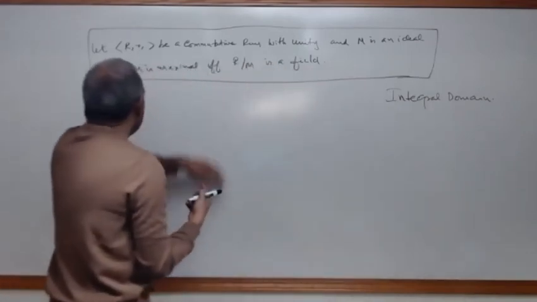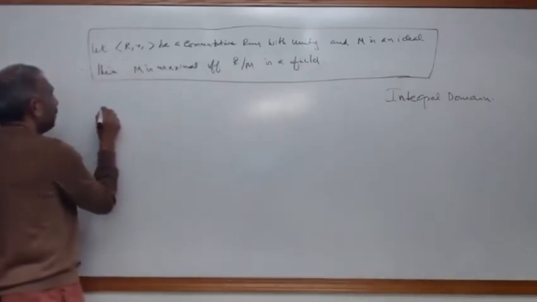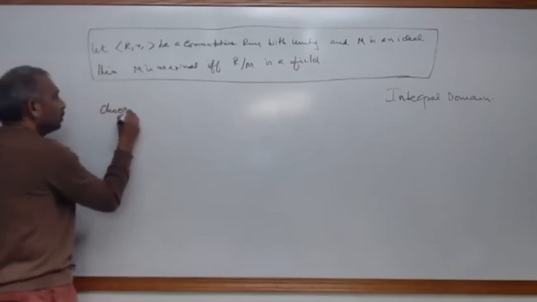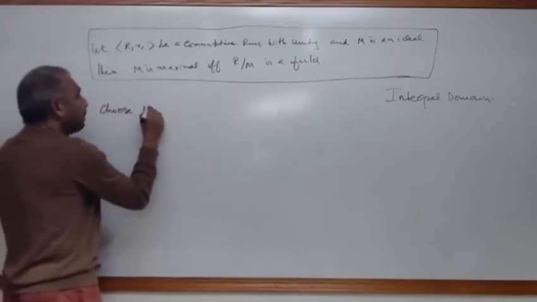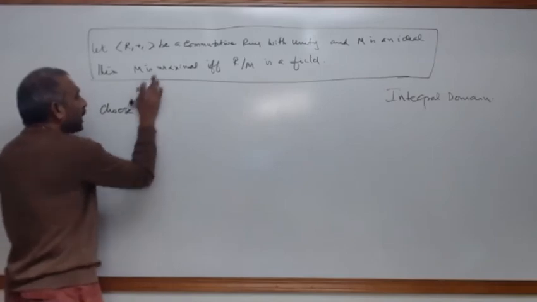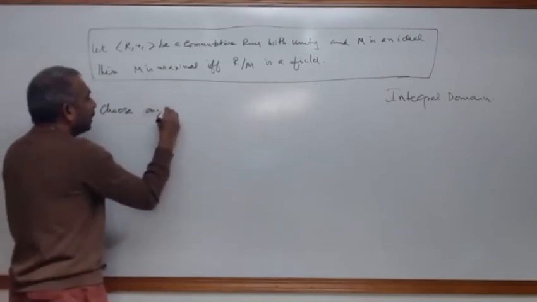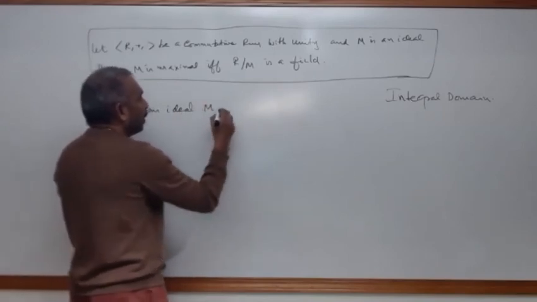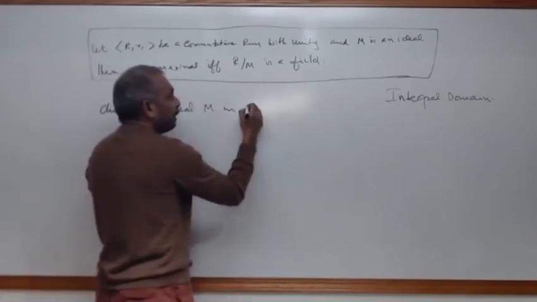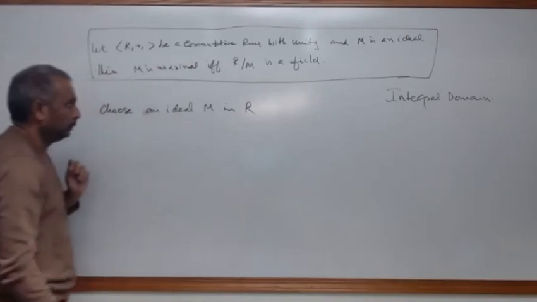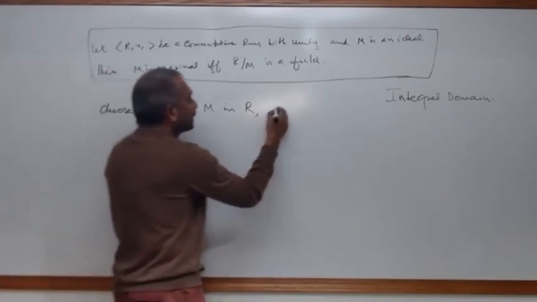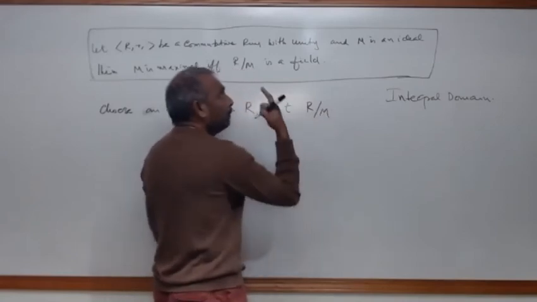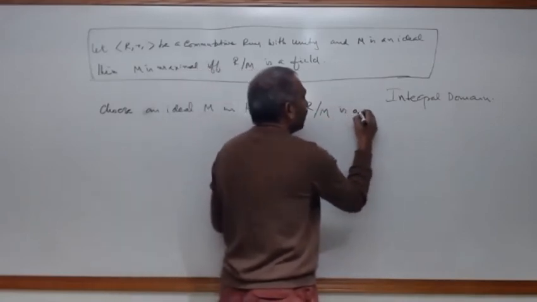So our next aim is to choose an ideal M in a commutative ring R such that R by M is an integral domain.